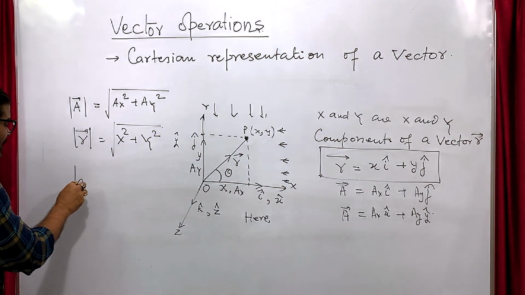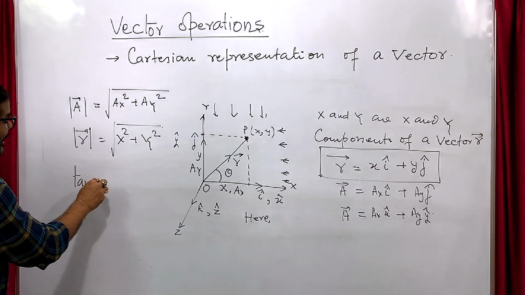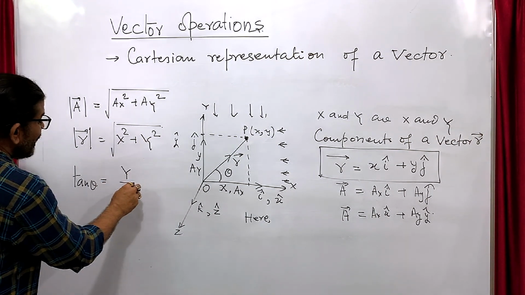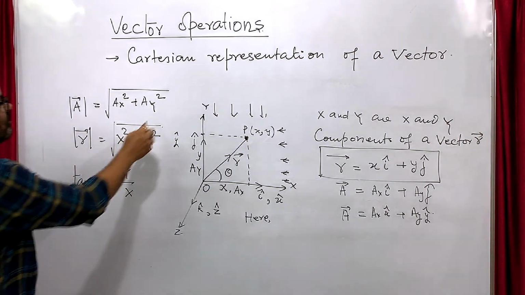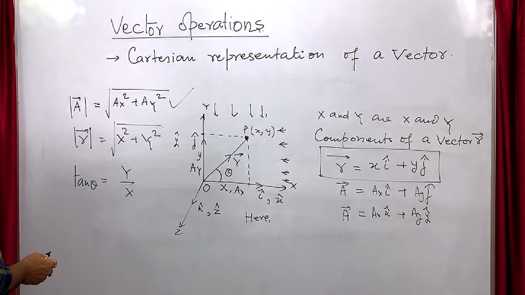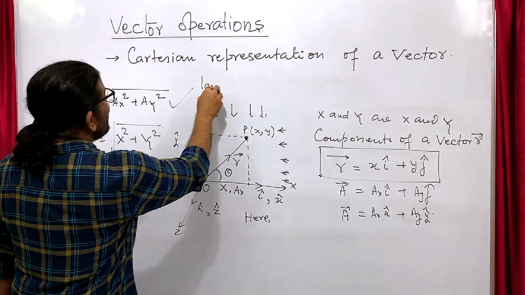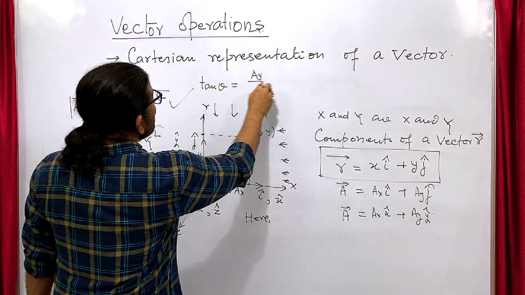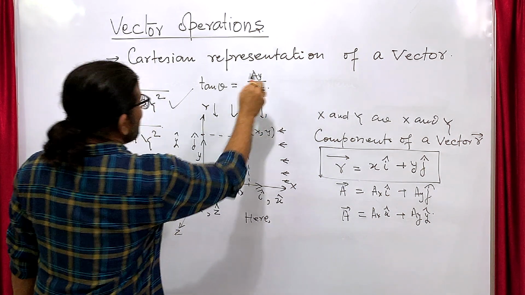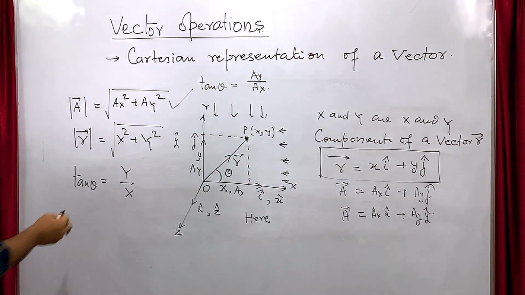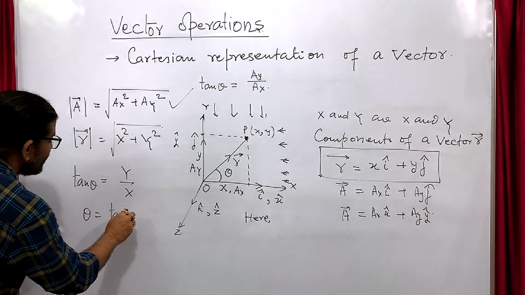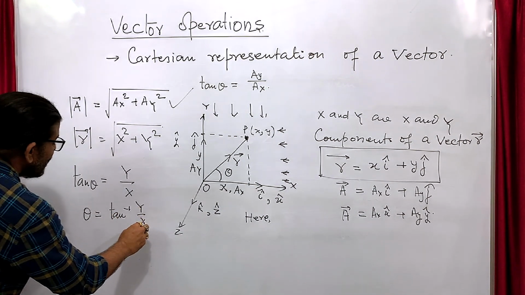We can write tan of angle theta is equal to y by x. With this representation, we can write tan of angle theta is equal to ay divided by ax. Therefore theta can be written as tan inverse y by x.